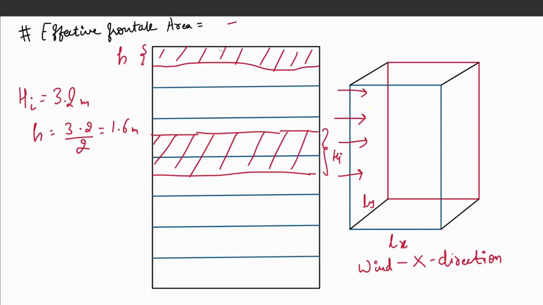So for the top story, the frontal area will be 1.6 times Ly if the wind is in x direction. For the intermediate stories, it will be 3.2 times Ly if the story height is 3.2. And if the wind direction is in y direction, then this will be 1.6 Lx and 3.2 Lx. So now the last and final parameter which we have to see is the force coefficient.